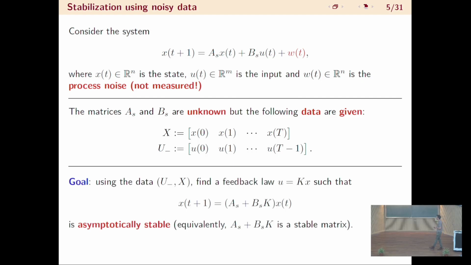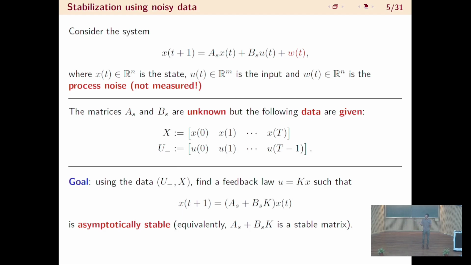Well, what is the goal of today? I want to use the data, U minus X, to find the feedback law, U is Kx, such that this closed loop system, xt plus 1 is AS plus BSK, xt, is asymptotically stable. That's equivalent to saying that the matrix AS plus BSK is a stable matrix.